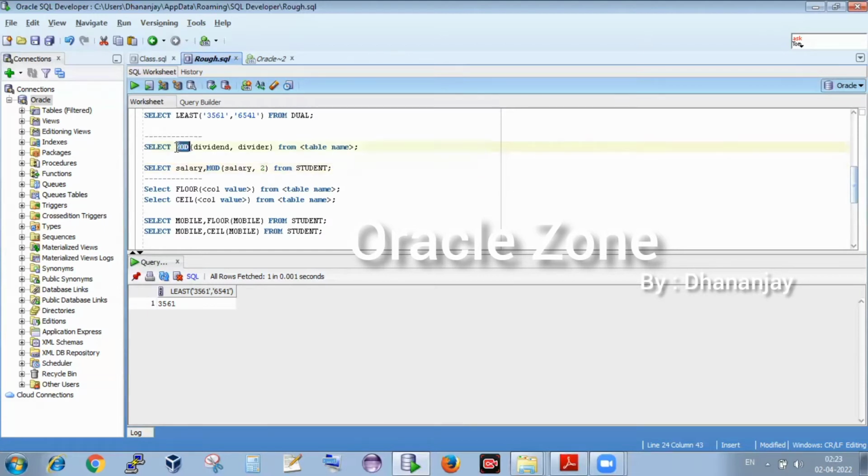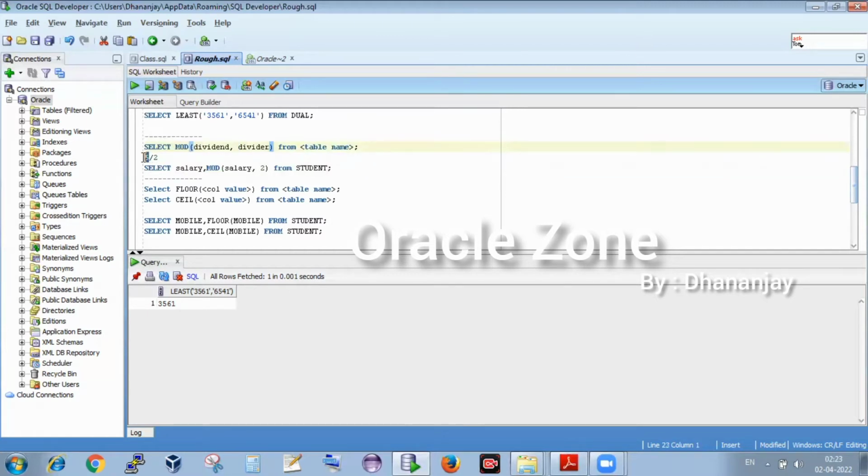As per the syntax, we can see select mod, dividend. Dividend means the value you want to divide. For example, I am dividing 5 by 2, so 5 will be the dividend, and I will put 5 here. What is the divider? The divider is 2, so I will put 2 here.